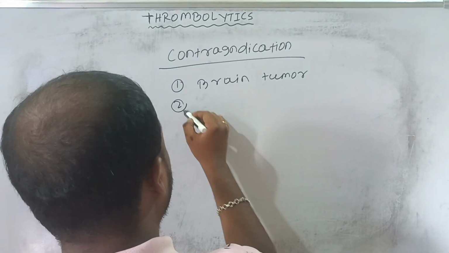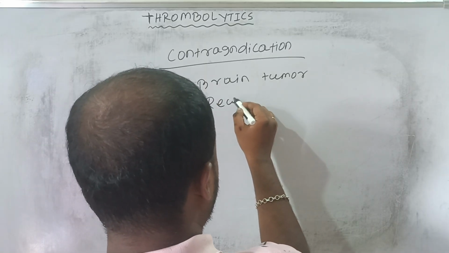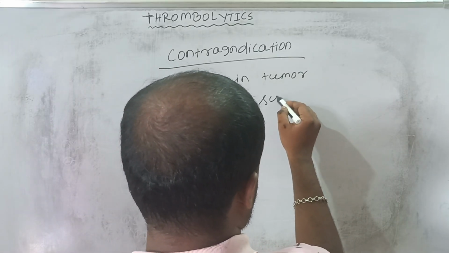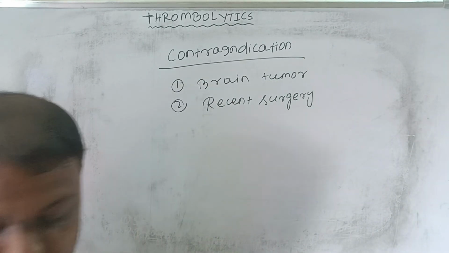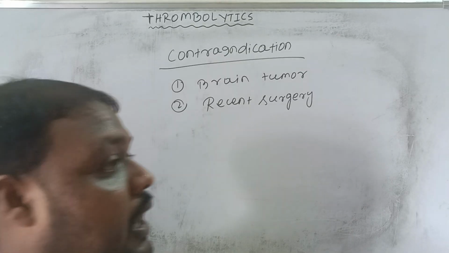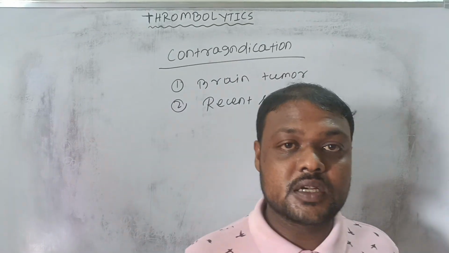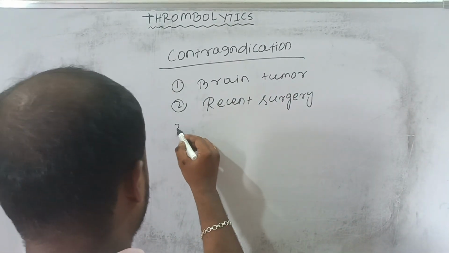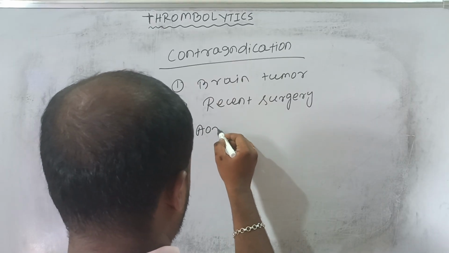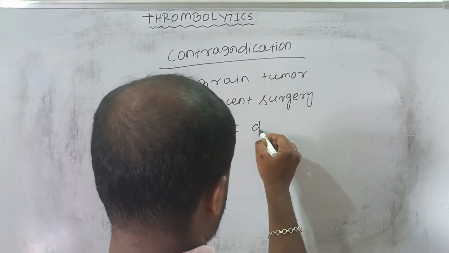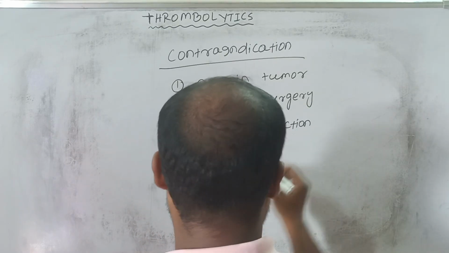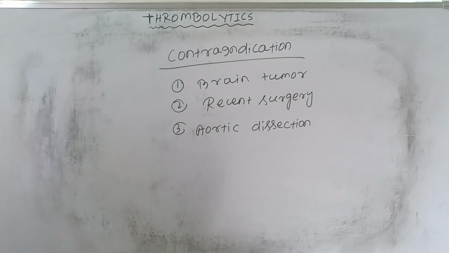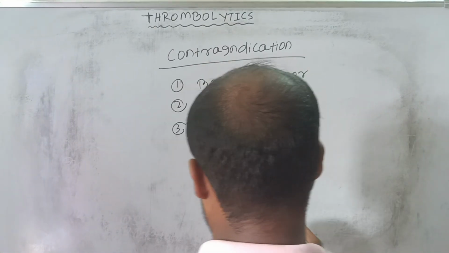Second one is recent surgery. Third one is aortic dissection. Fourth one is intracranial bleeding history.